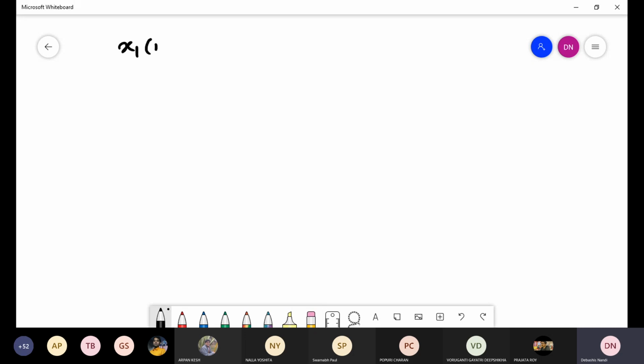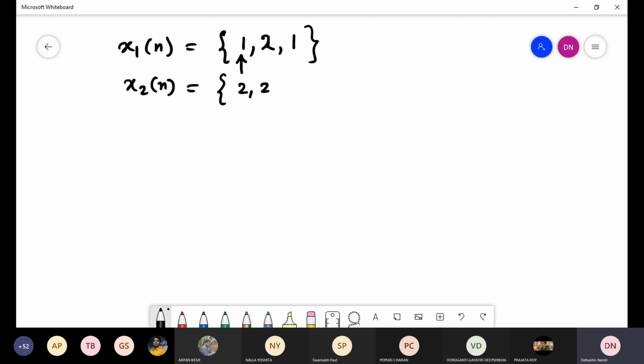Suppose x1n is the signal 1, 2, 1, with the arrow sign at the first element, and suppose x2n is another signal 2, 2, 3, with the arrow sign marking the position n equal to 0.